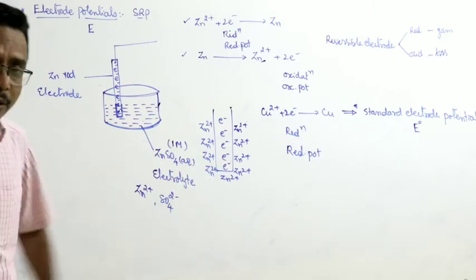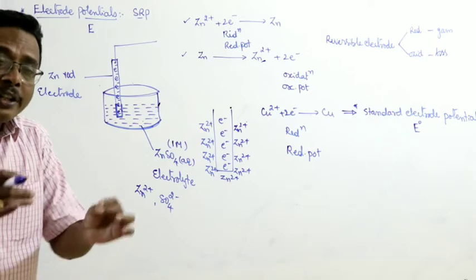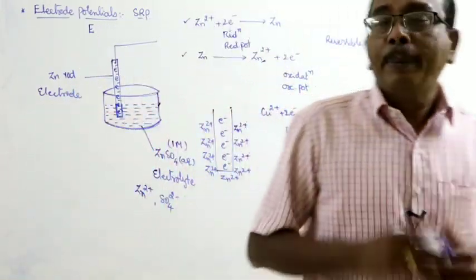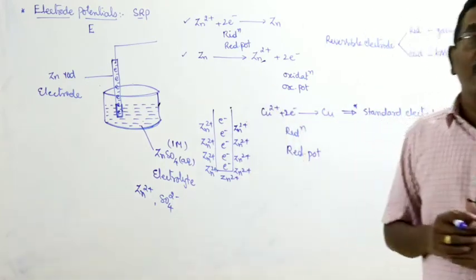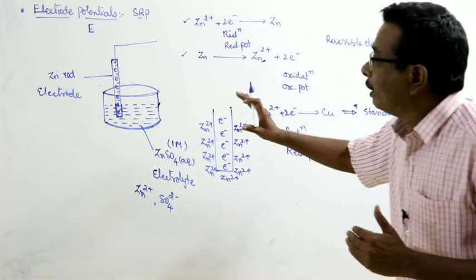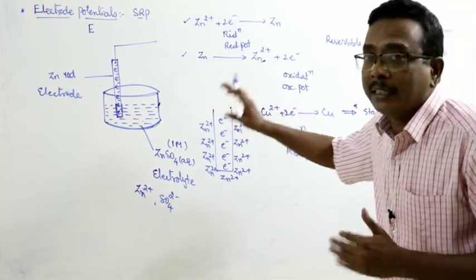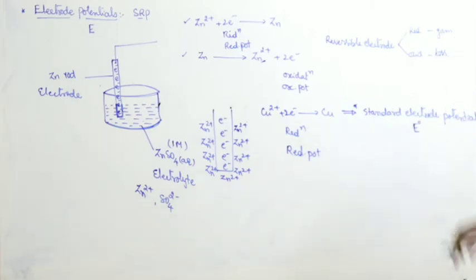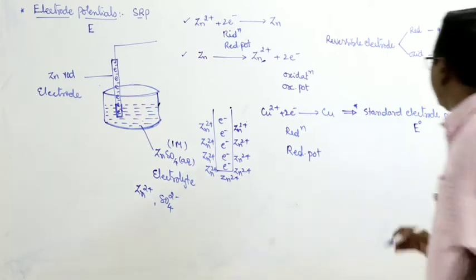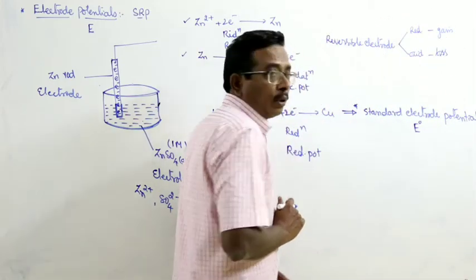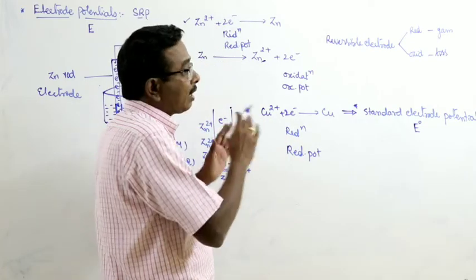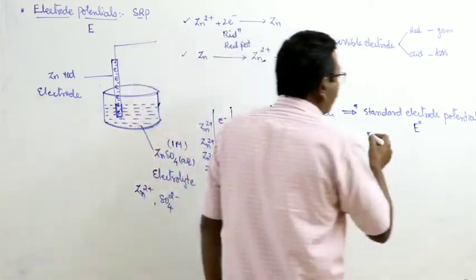Define standard electrode potential. The potential difference or the potential developed between the surface of the metal electrode and its own ions with unit activity in the electrolyte or in the aqueous solution is said to be standard electrode potential. And here there is an important note. How are the electrode potentials or the standard electrode potentials calculated?